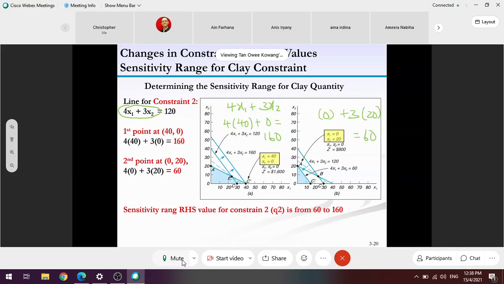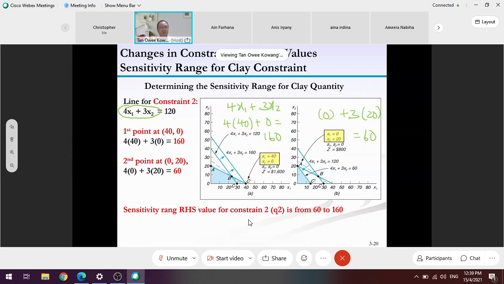Next week we're going to use QM window to solve the linear programming that we have developed so far.